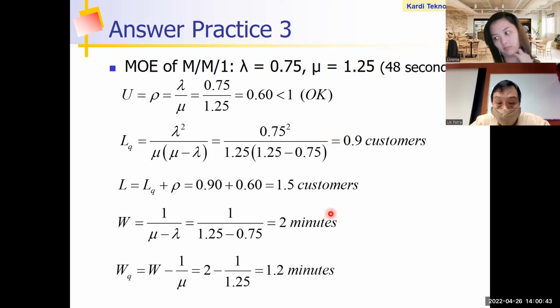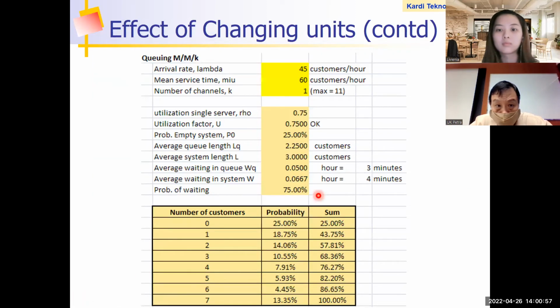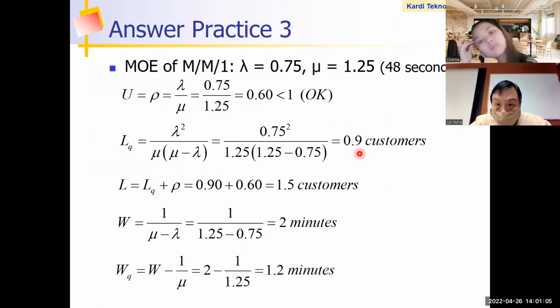What happened? Look at the numbers here. Earlier, what was the LQ? The LQ was this one: 2.25, 3 and 4 minutes. Here we have 0.9, 1.5, 2 minutes and 1.2 minutes.